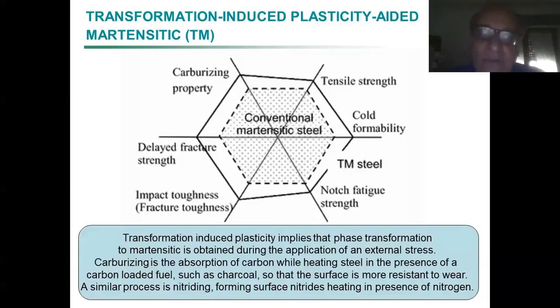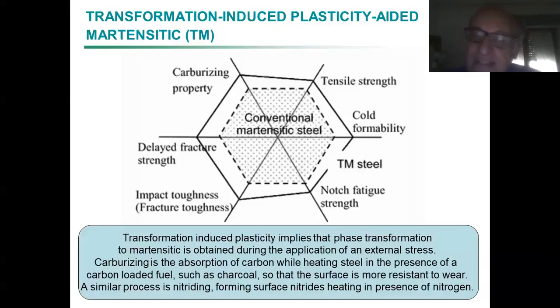And for example, you have an important property, which is the property of carburizing. Carburizing is like what we were discussing before with nitrogen. You can prepare your steel in presence of nitrogen, so that it is covered.